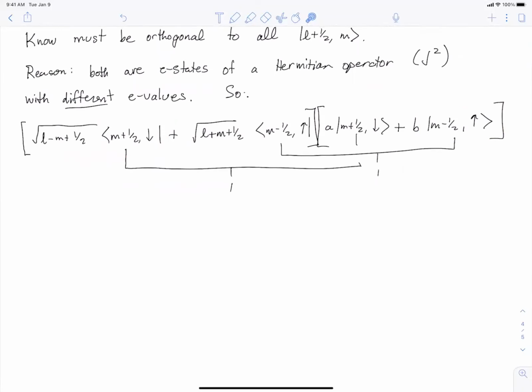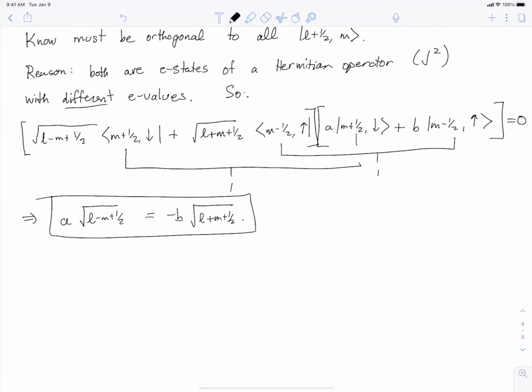Okay, so this whole thing is supposed to equal 0 for orthogonality. And so when you work that out, that gives you A times square root of L minus M plus 1/2 has to equal minus B square root of L plus M plus 1/2. Okay, and so that's the information we got out of that.